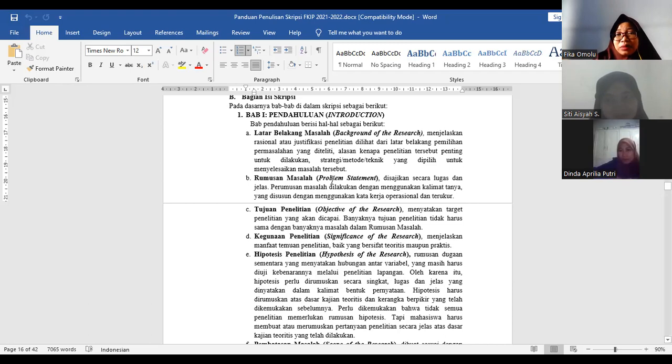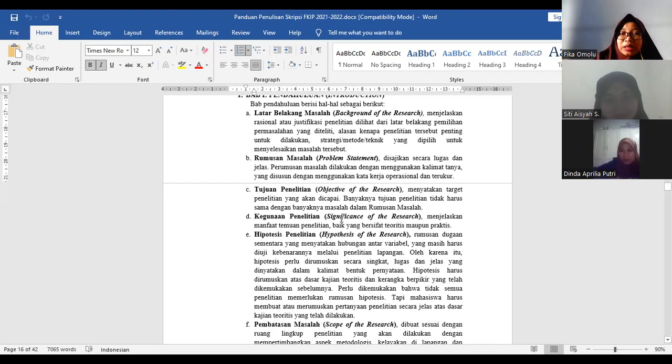After the background, problem statement, okay, objective of the research, and then significance of the research. What is the difference between objective of the research and significance of the research? I can see that Aisha already put objective, significance, while Dinda wrote on her presentation the benefit of the research.